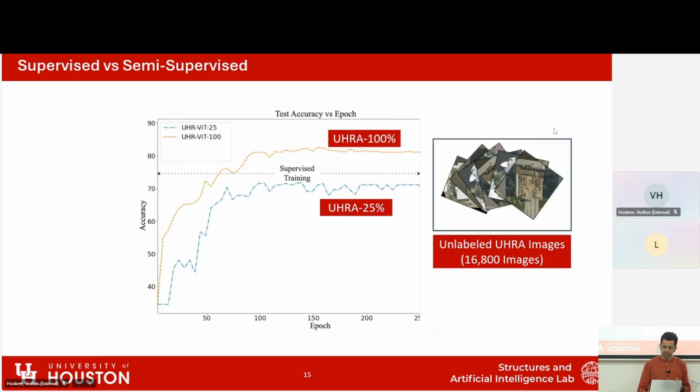And then what we did is add all of the unlabeled data that we had. This is 16,800 images of different buildings. And we used a semi-supervised approach. How a semi-supervised approach works is that you create 2 versions of your model. I've trained it with a supervised approach, so now my model does a reasonable job at predicting things.